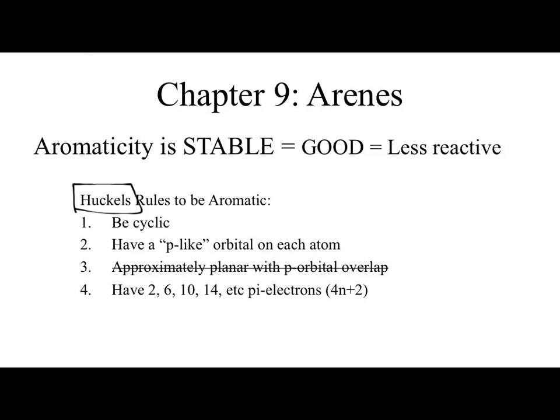So Huckel came up with these rules for aromaticity. He was able to look at a variety of different structures and evaluate how stable or reactive they were. What he ended up finding out was that, first off, to be aromatic, the structure has to be cyclic. So we have to have a circular compound. We have to have p-like orbitals on each atom, which ultimately means we'd be looking for sp2 atoms.